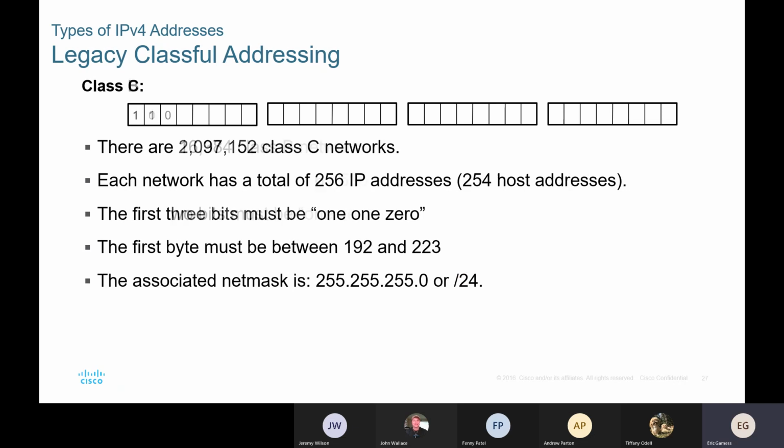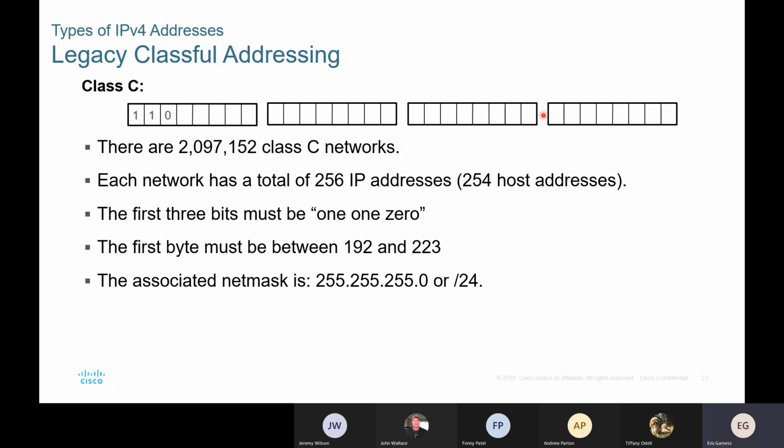Let's see class C. So the class C IP address, the first 3 bits have to be 110. I cannot change them. They have to be 110. And the separation between the network part and the host part is done here.